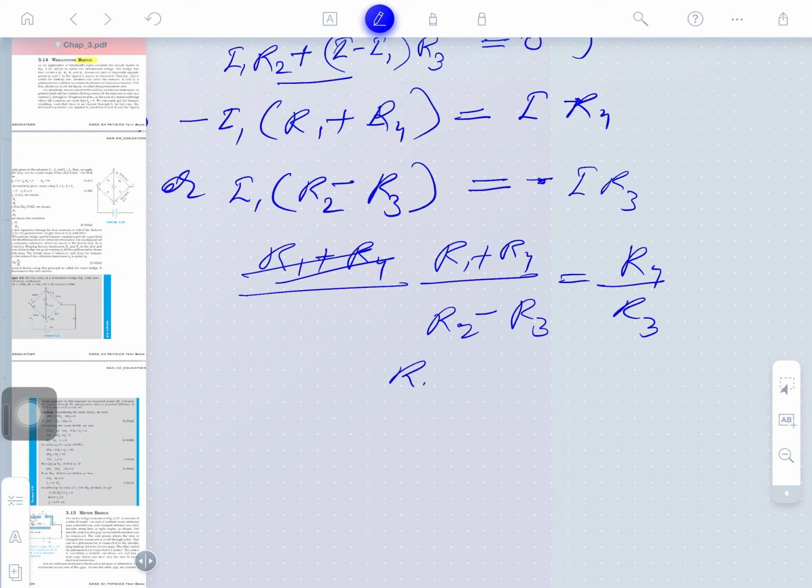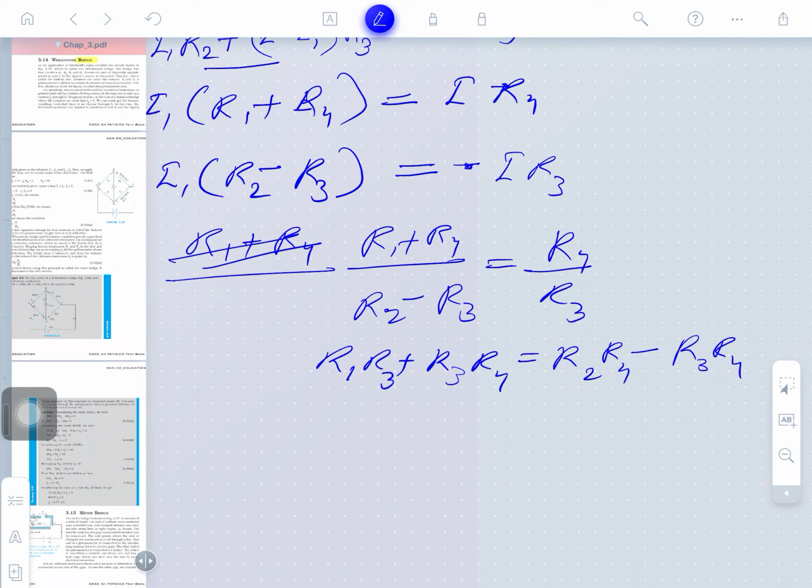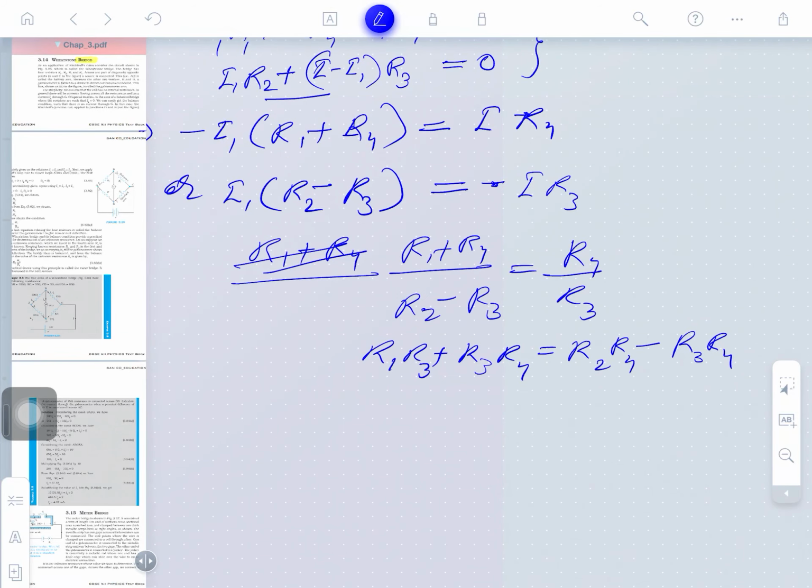Do solve, please. It's R1 R3 plus R3 R4, it's R2 R4, it's minus, what will it be here, please? Minus R2 R4, R3 R4. You may see what typical expression is coming.